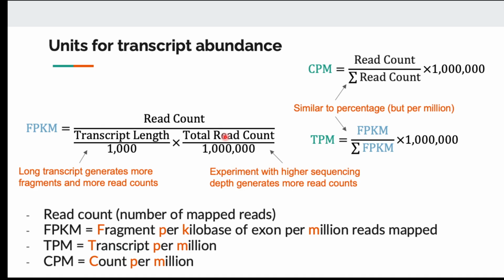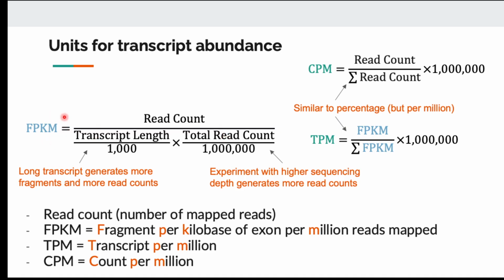But then people later found out that this is not really the same as a composition. If you think about when we analyze composition, we want to know how many bacteria are in the sample. Usually we think of those as percentages. These bacteria are present in 50% or 70% or 10%. So people found that we want to do something similar for gene expression.